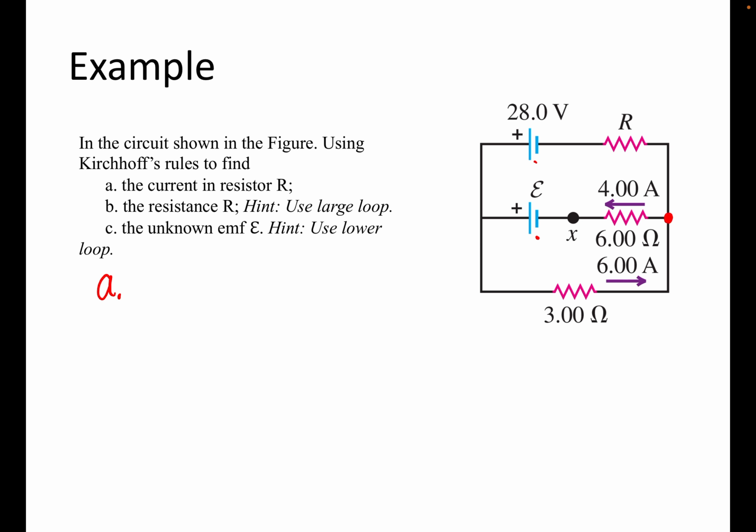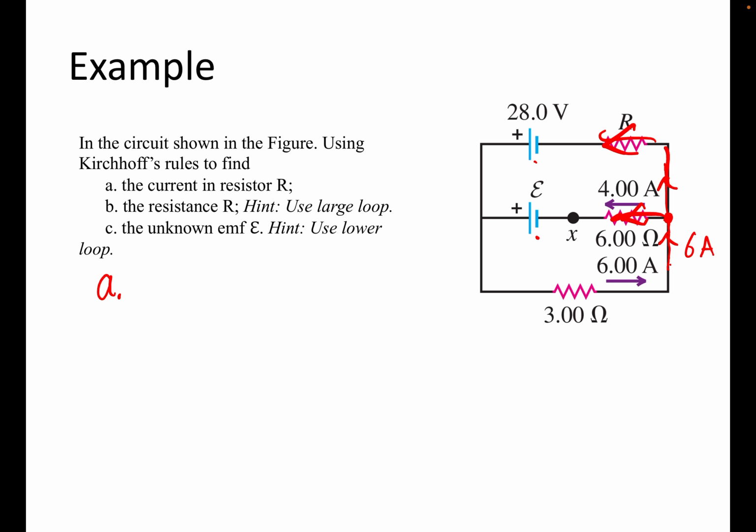We have a junction here, and we have one current that goes into the junction, which is 6 amperes. And we should have two currents that go out. This current that goes through this branch will cross the resistor R. We can just name those resistors and currents.